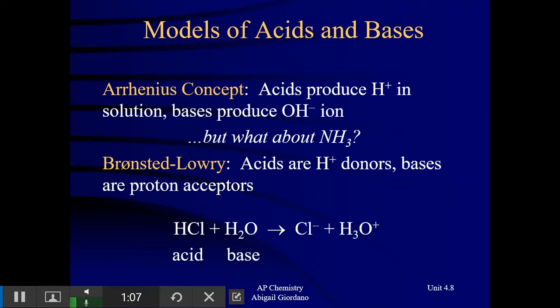Where does that hydrogen ion go? The base, the other reactant, will accept it. And remember what we said, that a hydrogen ion is sometimes referred to as a proton because really that's all it is. It is just a proton. So sometimes you'll see the definition written like that.